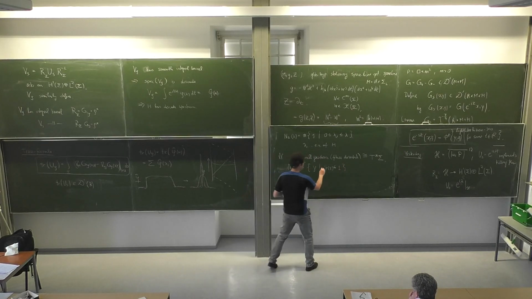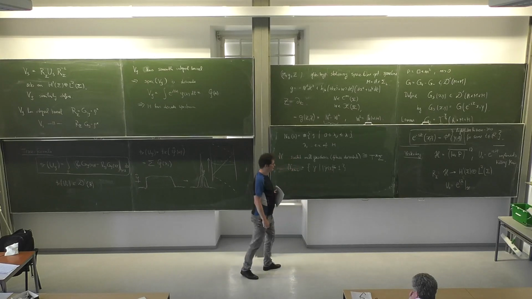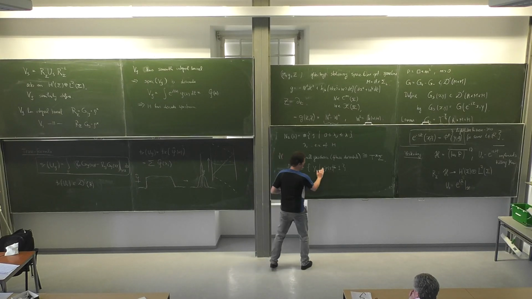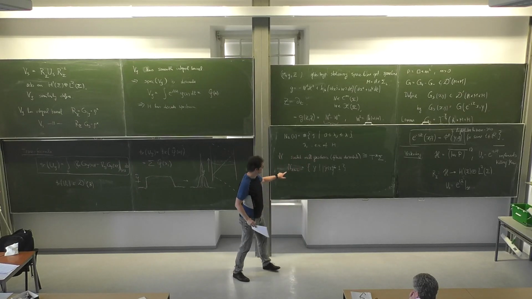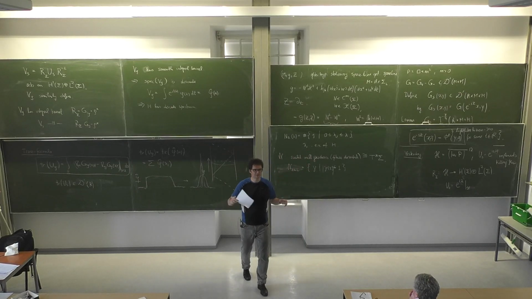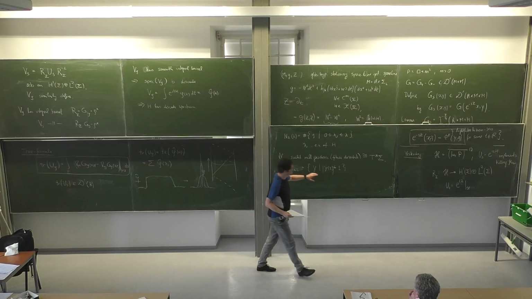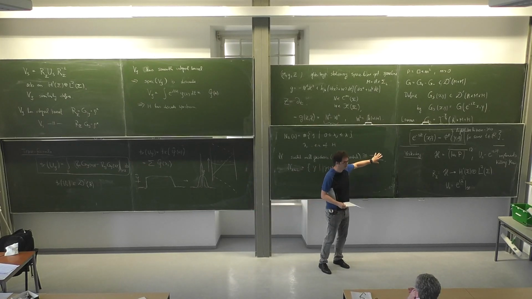Maybe I need a modulus, by the way. Do I? No, they are future directed, so this is going to be positive anyway. So this is some kind of ellipsoid in the cotangent space, if you do the computation.